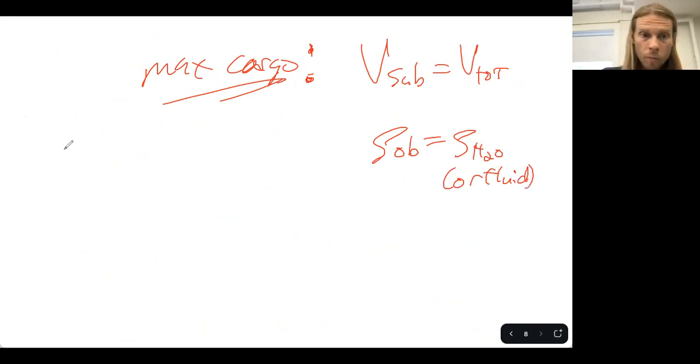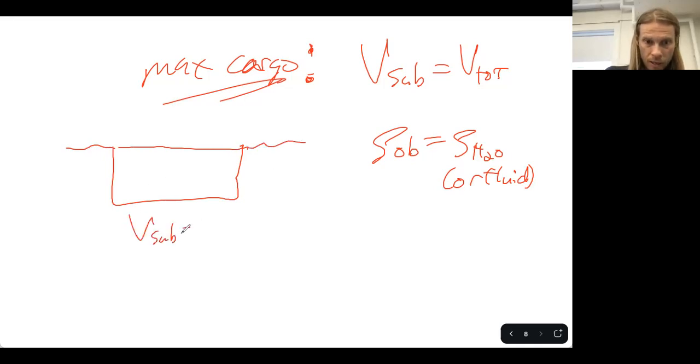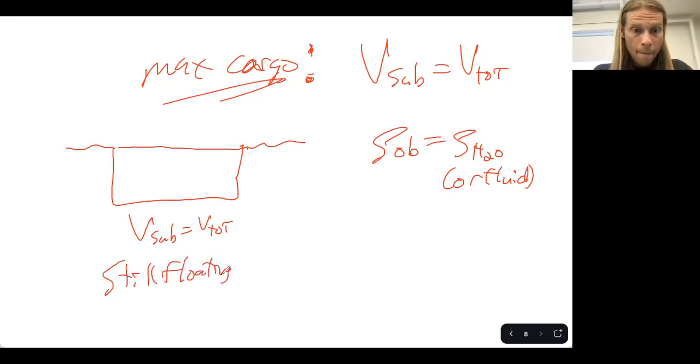It's when it's neutrally buoyant. But here's how I do it. I would say, okay, the object is now barely under the surface of the water. V sub equals V total, such that if I added 1 more gram, it would sink. Max cargo, still floating. FB still equals mg, right?